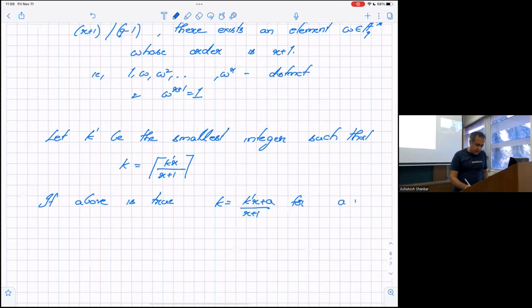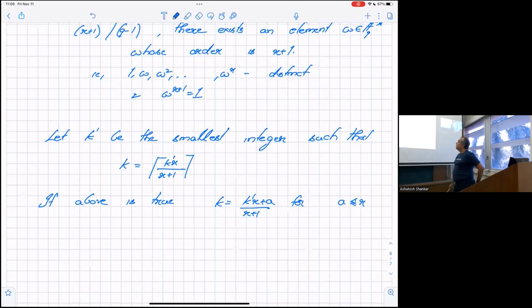A should be certainly less than or equal to R. Can it be 0? Well, no. Because of this condition, K should be K prime R plus some A, and that A is just to make this quantity a multiple of R plus 1.